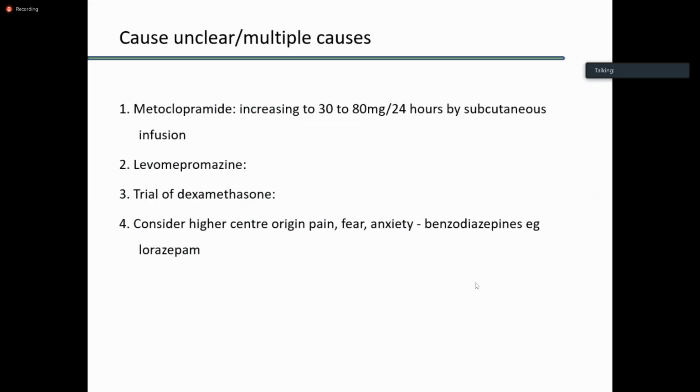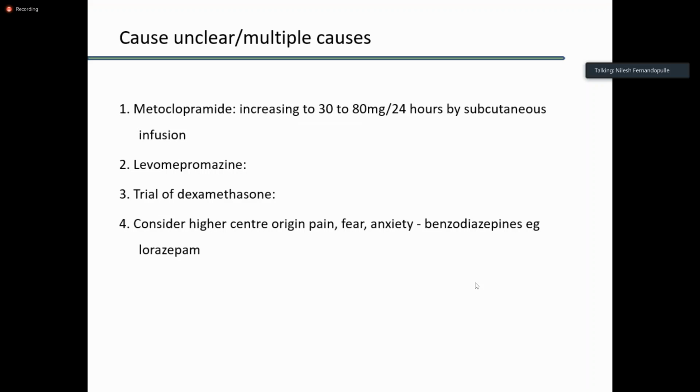If you do your basic assessment and can't find the cause for nausea, vomiting, then of course you need to go for an empirical approach, where you're not sure what it is. Then you might have to give metoclopramide, or you can give levofloxacin, or a trial of dexamethasone. Or if you think the patient's nausea, vomiting is due to some sort of fear or anxiety, which all our palliative care patients might have, they're worried about dying, they're worried about their family, so lots of things.